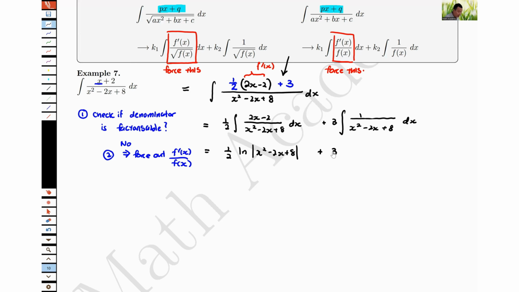What about this term on the right? Your denominator here, we are going to complete the square because you aim for tangent inverse. So can I do the completing the square step on the left? You go and complete the square. You do a side working to work that out. It's a plus 7, but let me present as a root 7 squared.